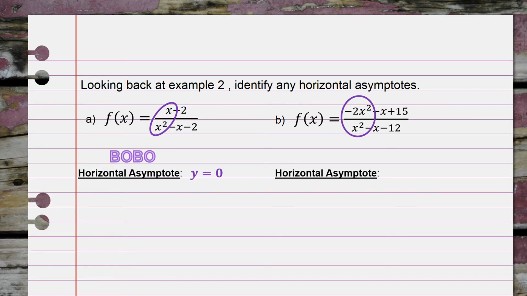Is this Bobo, Bosco, or Botno? Since they have the same degree, this is Bosco, which means both the same, so we look at the coefficients. In this case, our coefficients are negative 2 over 1, which simplifies to y equals negative 2.